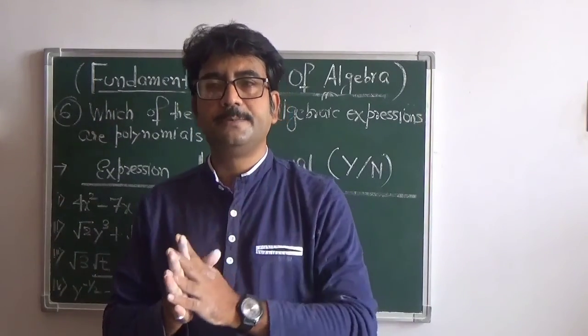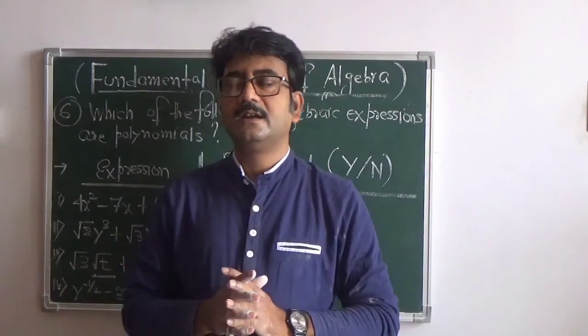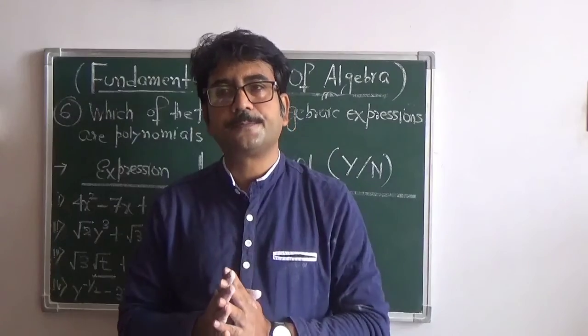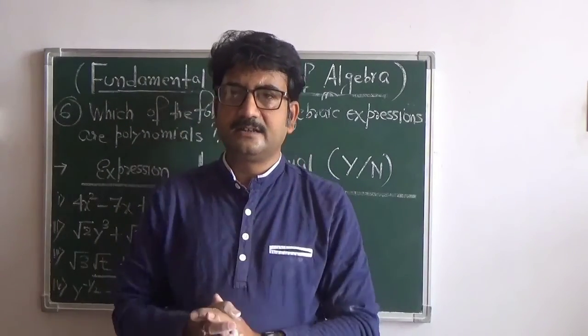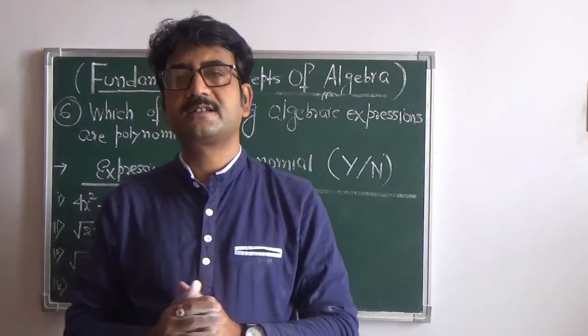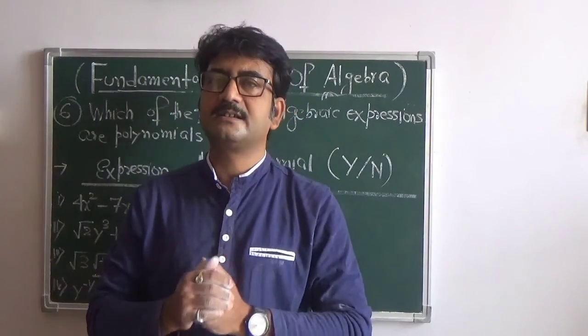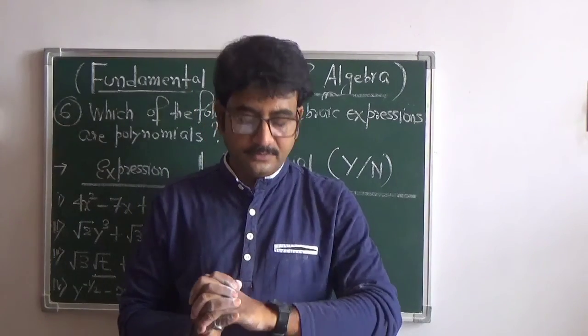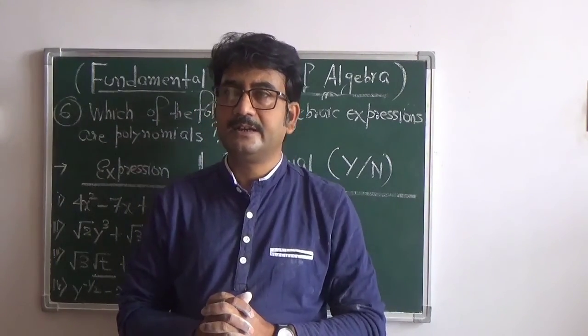That is called simplification, how we will solve or simplify an algebraic expression. The Bodmas rule is very much known to you. Today we have to conclude the chapter because the time is already over.